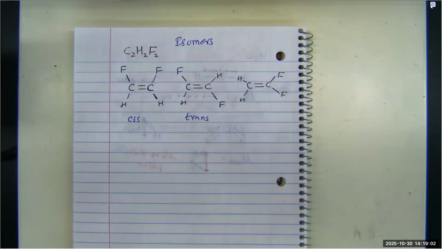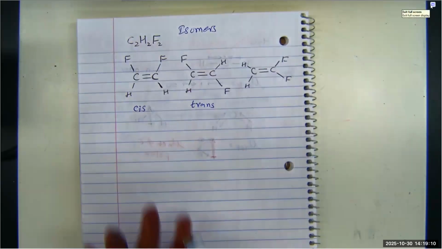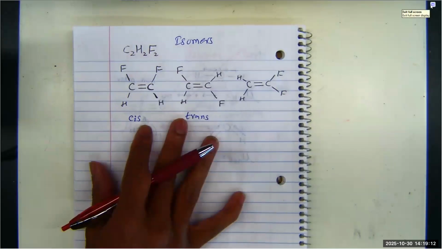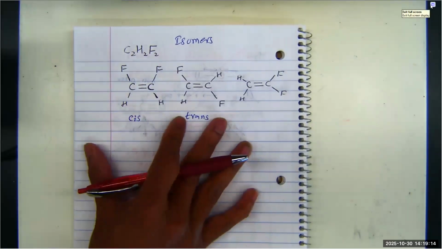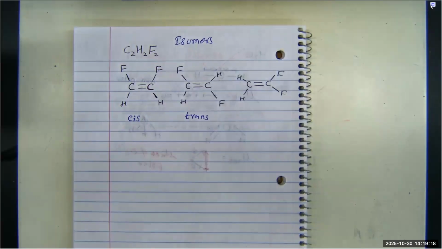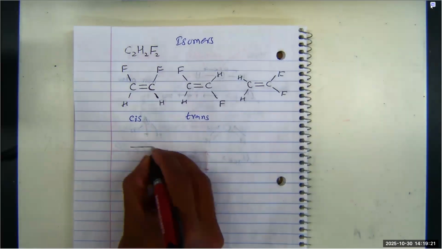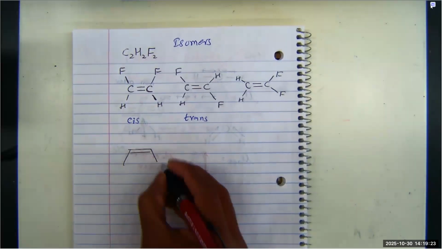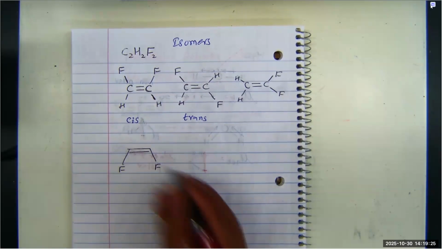All right. Anyway, that is not the point of this discussion. We want to know which one of these isomers are polar. So let's think about that. By the way, I would like to convert these to line structures, because they are much easier to draw. For example, I can draw the cis like this very easily. So here's my cis isomer, fluorine.